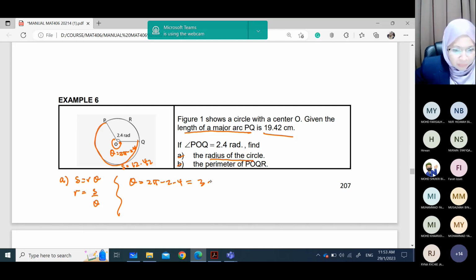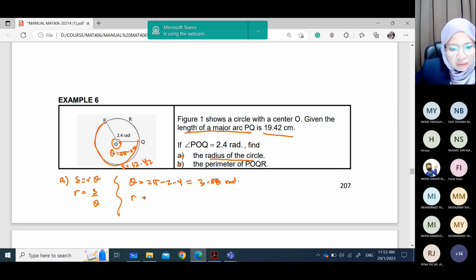The angle is about 3.88 radian. Okay, baru kita boleh cari radius dia. Kalau kita guna angle yang 2.4 ni, tak betul lah. Sebab dia tak bagi kita arc length bagi minor sector. Dia bagi kita arc length bagi major sector.